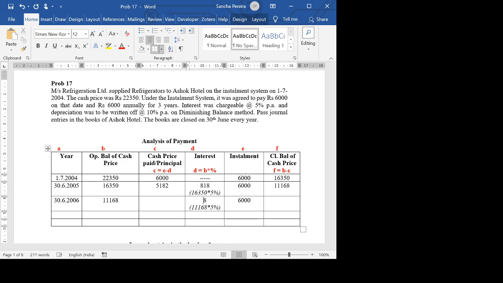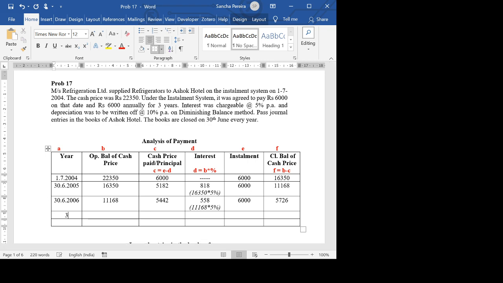If you get a decimal point, you can round it up. Okay, 0.45 and above has to be rounded up. So this becomes 6,000 minus 558, which is 5,442. And then 11,168 minus 5,442 gives me 5,726.